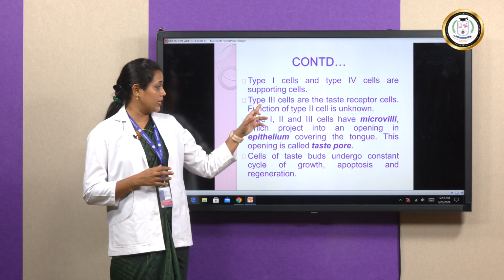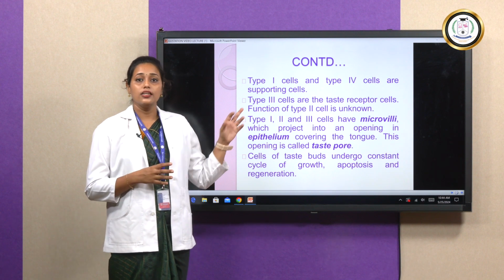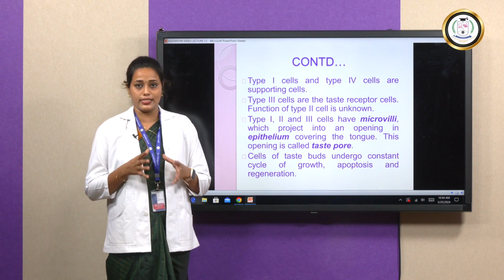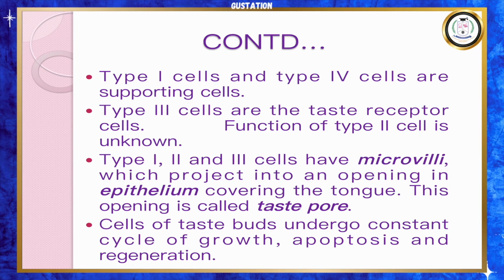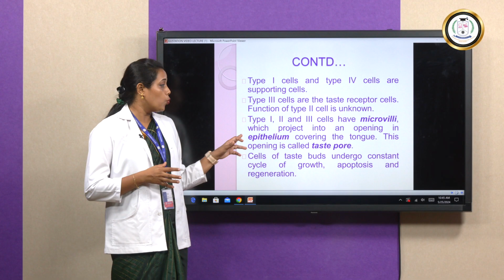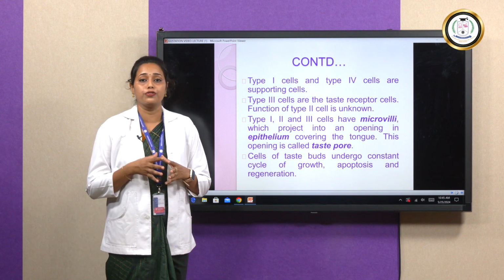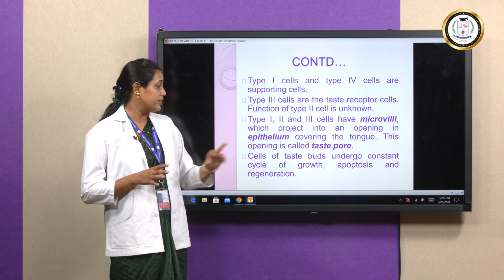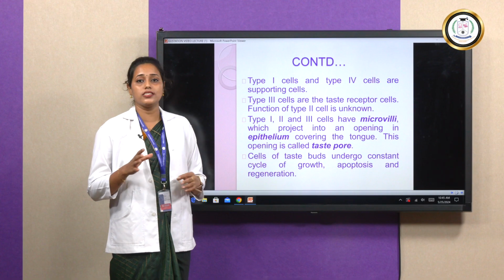The type 3 cells are the taste receptor cells. The function of the type 2 cell is still unknown. The type 1, type 2 and type 3 have microvilli. Microvilli are nothing but hair-like projections which project into the opening of the epithelial covering of the tongue. This opening is called the taste pore.